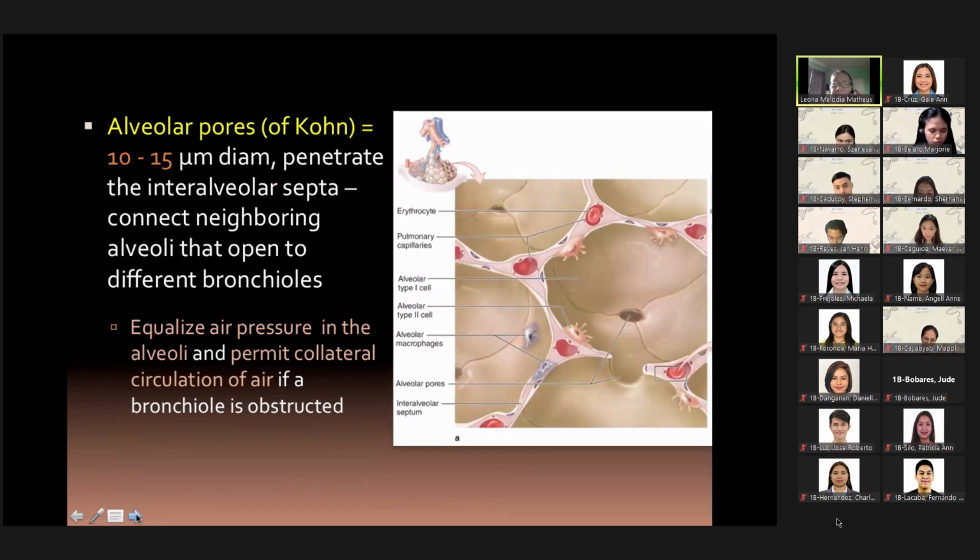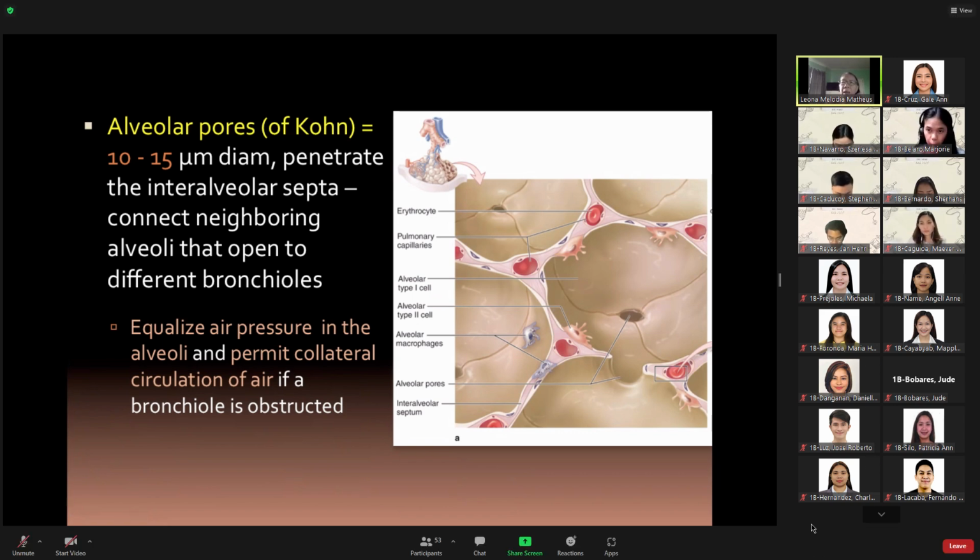Now, another thing that you may find in the interalveolar septum is what we call the alveolar pores of Kohn. These are 10 to 15 microns in diameter, and they penetrate your interalveolar septum. What is the purpose? They connect one alveolus to a neighboring alveolus, which may be opening into a different bronchiole.